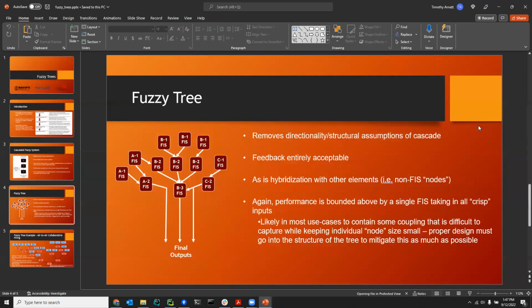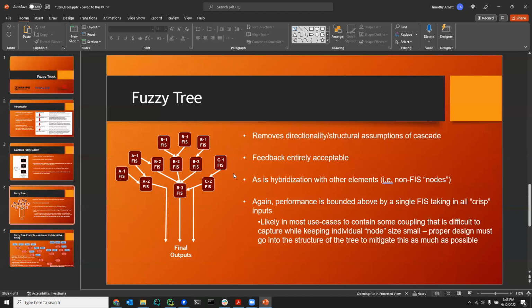A fuzzy tree simply removes that directionality or other structural assumptions of a cascaded or hierarchical fuzzy system. Again, feedback is allowable in a fuzzy tree. You can also hybridize with other elements. So in this case, we see this tree-like structure of a bunch of different FISs. The outputs from multiple FISs are getting fed into FISs below them. They don't necessarily need to be below them. You may have a situation where the output from a FIS here is getting fed into this FIS over here.